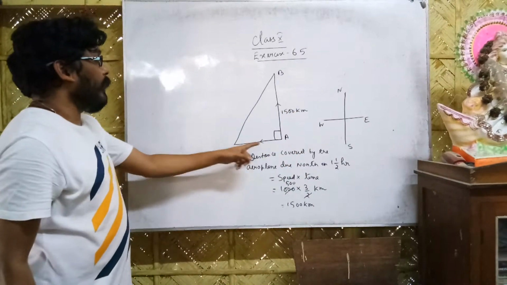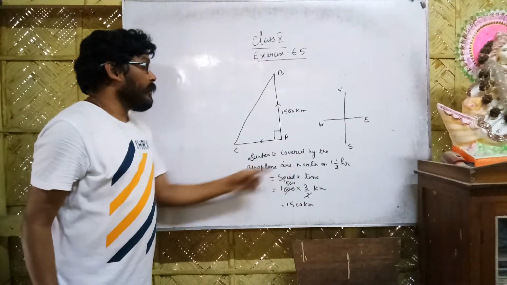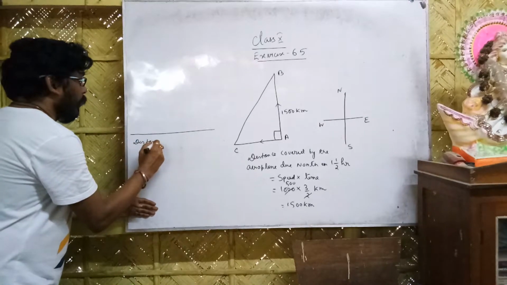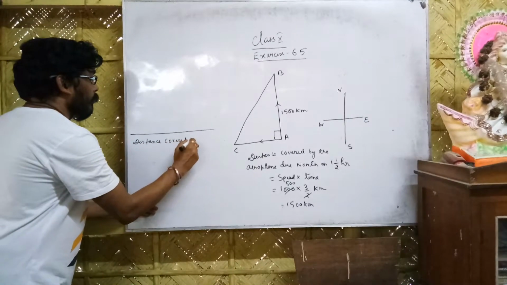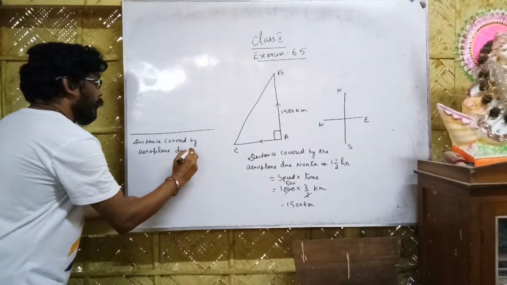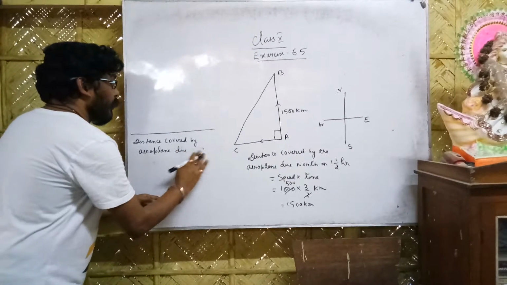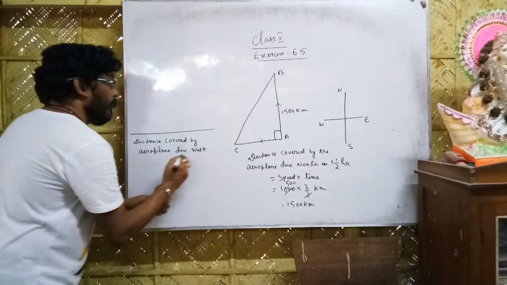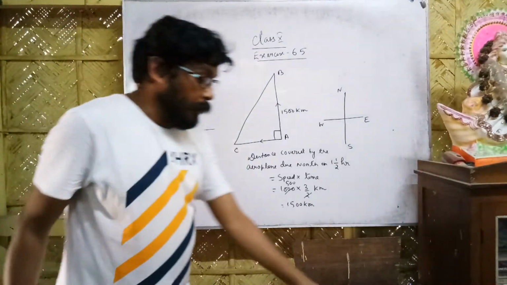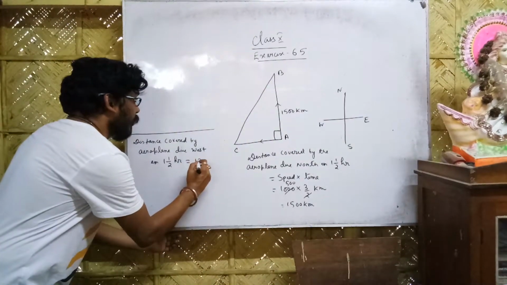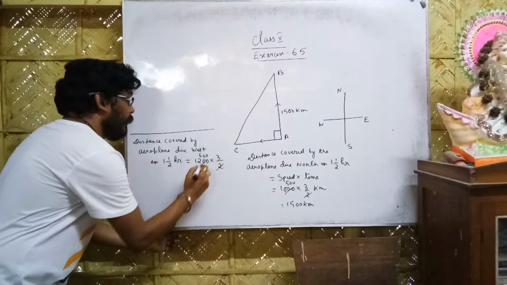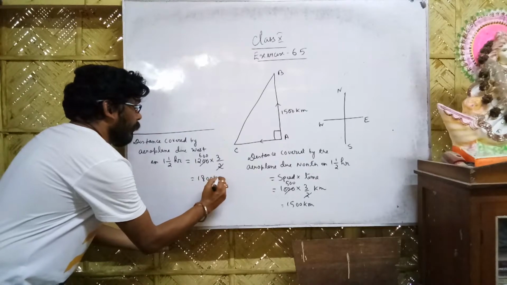Okay, same way you find out distance covered by the aeroplane due west in 1.5 hour. Towards west the speed was 1200, so speed into time, if you cancel it, it is 600, so it is 1800 kilometer.